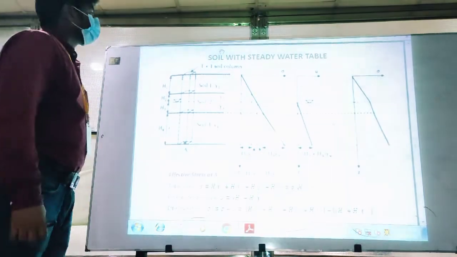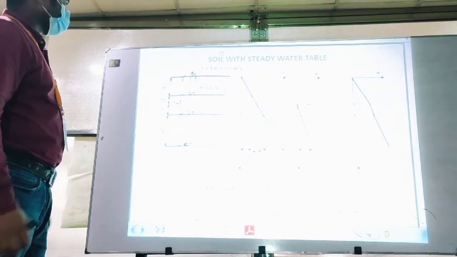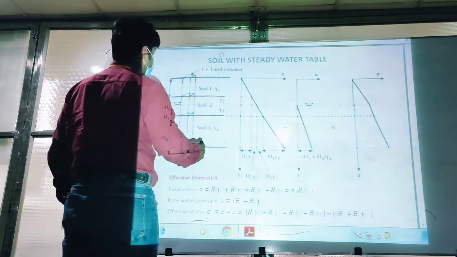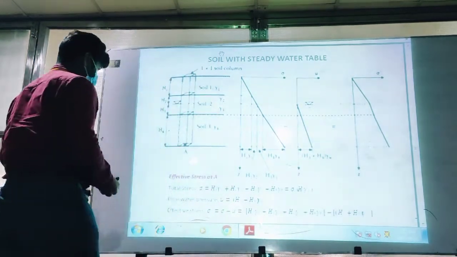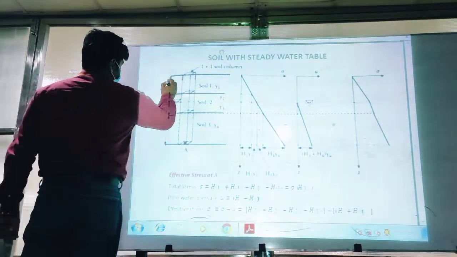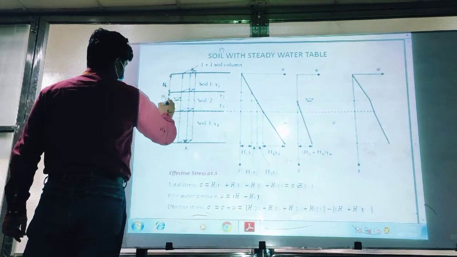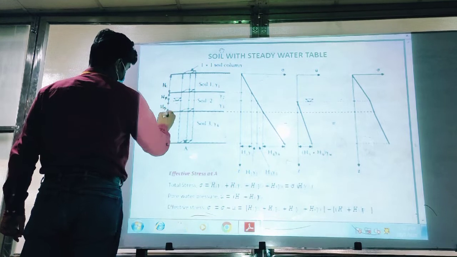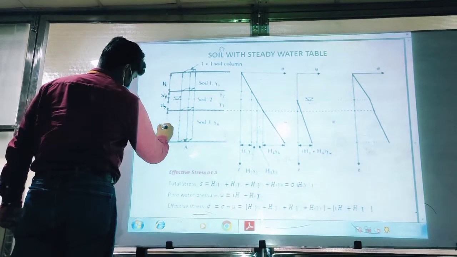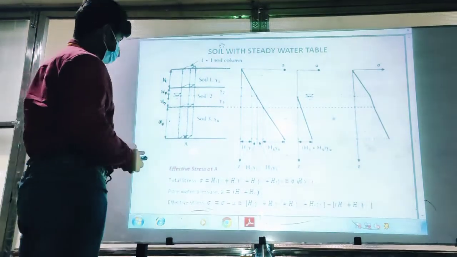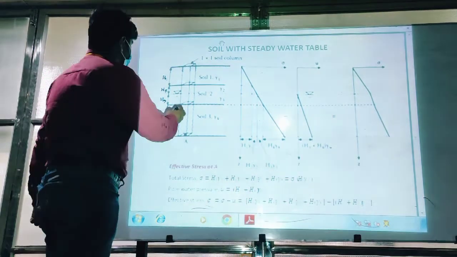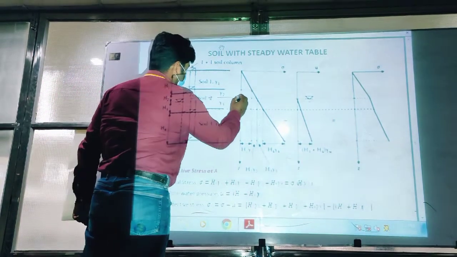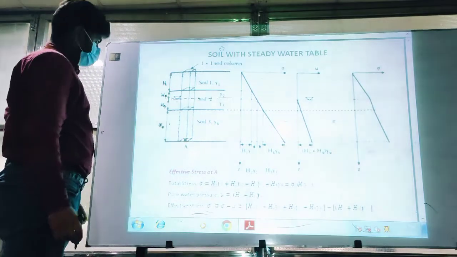Here is soil with a water table. Here we can see the water table. This is height H1 and height H2. These surfaces are water surfaces.